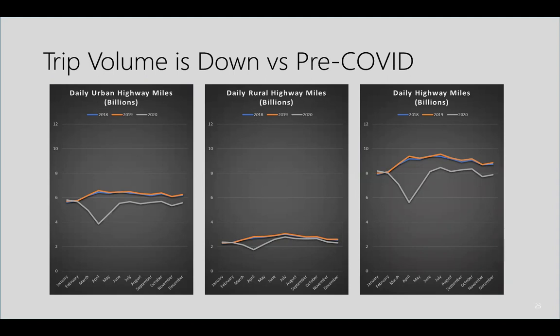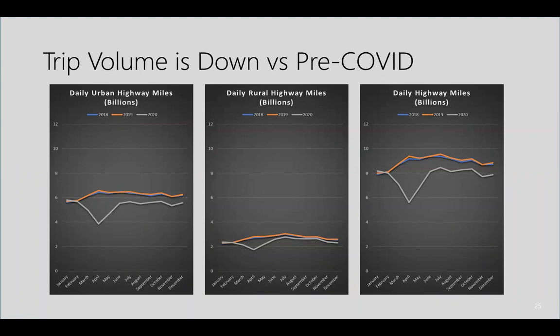And so we know that the trip volumes have decreased, but in addition to that, the trip frequency has decreased. We've been able to observe this by looking at a subset of the mobile location data that we have access to, to see over longer periods of time how often the same device travels in the same direction down the same roadway.